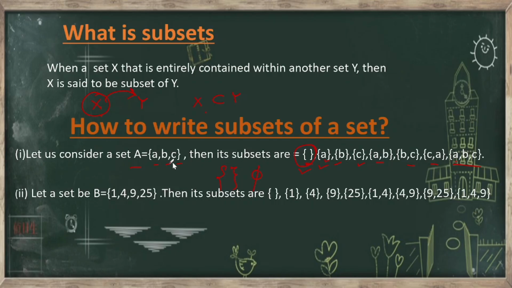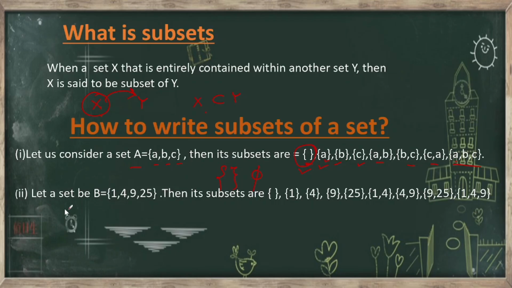So how to write the subsets? First we write the empty set, then the singleton sets, then sets containing two elements, then three elements, then four elements. But here the maximum number of elements is 3, so we write the set containing three elements, which is the set itself in this example.